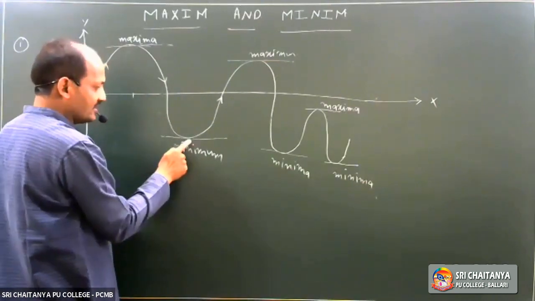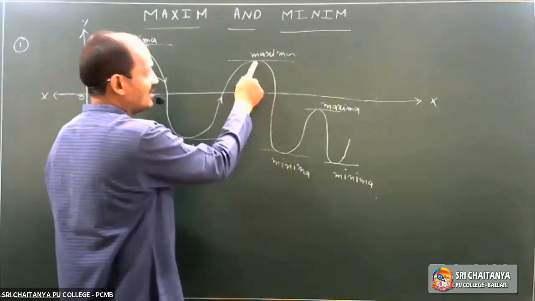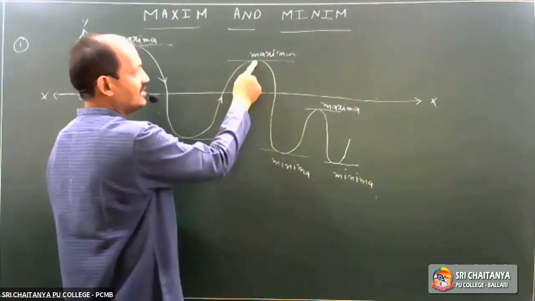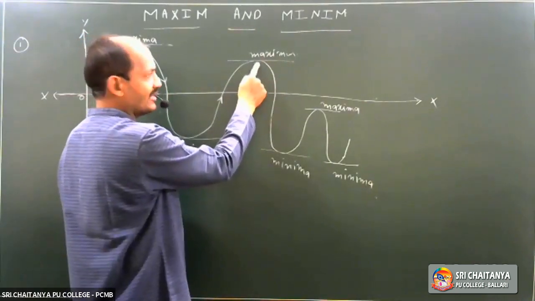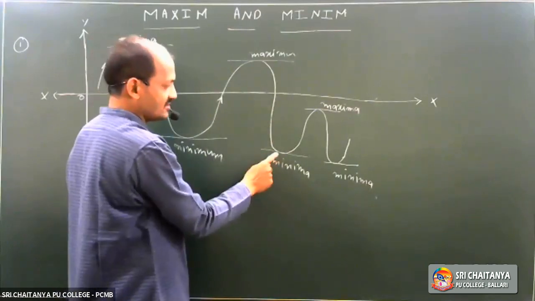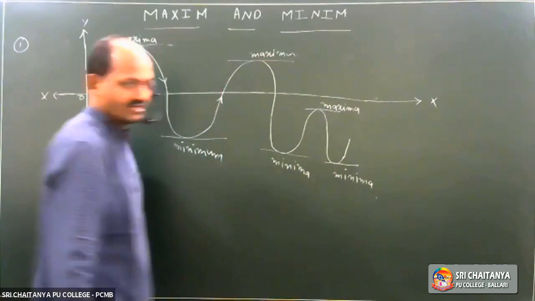At this point, the function has a minimum value. Again it is increasing and the curve changes its nature. It is called a stationary point. At that point again a maximum, and at this point a minimum.